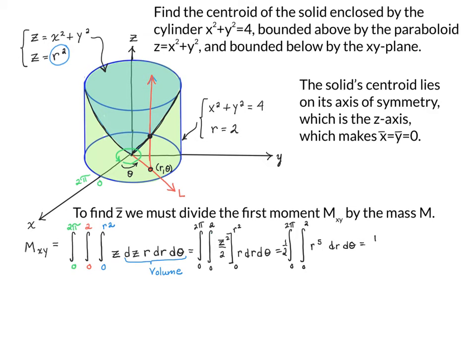And so now, the outer integral, 0 to 2 pi. The antiderivative of r to the 5th is r to the 6 over 6, and we're evaluating that for r from 0 to 2. Of course, we've got our d theta here. And this gives us 1/2 times 1/6, so that's 1/12, times the integral from 0 to 2 pi.